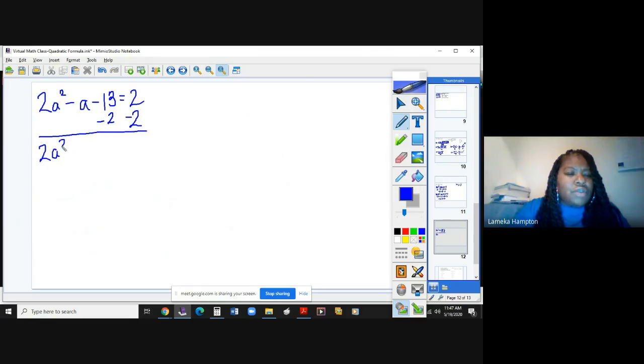So I have 2a squared, and that's going to be minus a. But what is negative 13 minus 2? Negative 13 minus 2. That looks familiar. What does that look like?